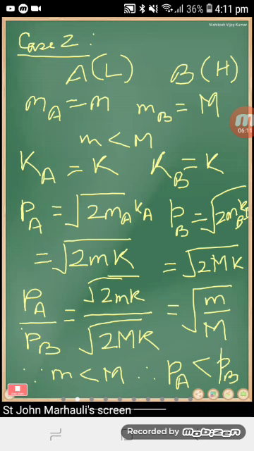Keep in mind, here we are keeping the kinetic energy constant. If the kinetic energy is not constant, then the case may be different. Now let me explain this using an example.